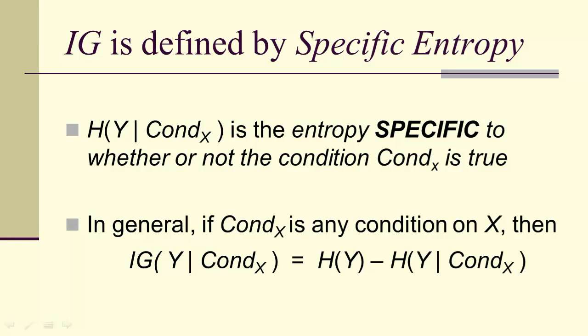So in general, we could write a condition sub x, and that would be the entropy specific to the condition x. And then in general, the information gain of y given the condition is equal to the difference of the entropy in y minus the entropy in y given the condition.